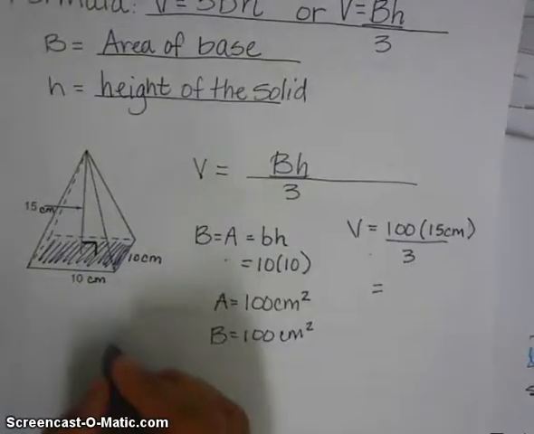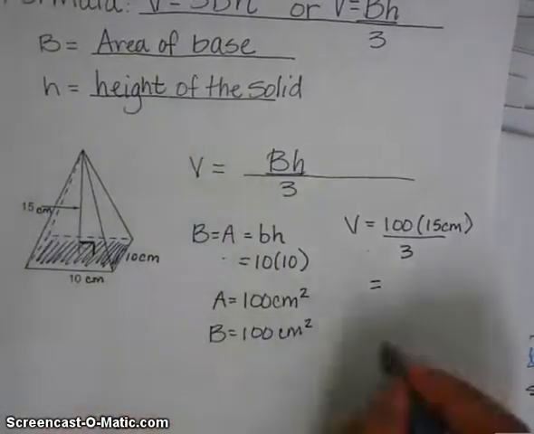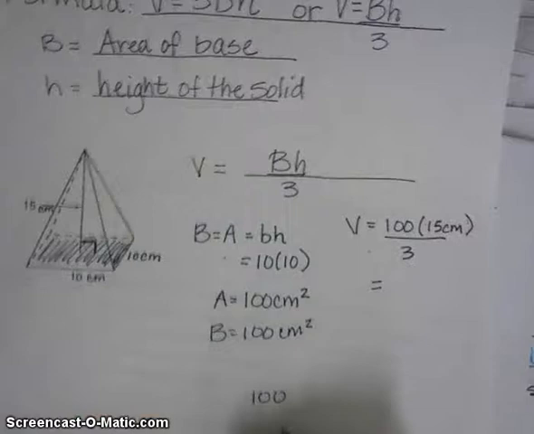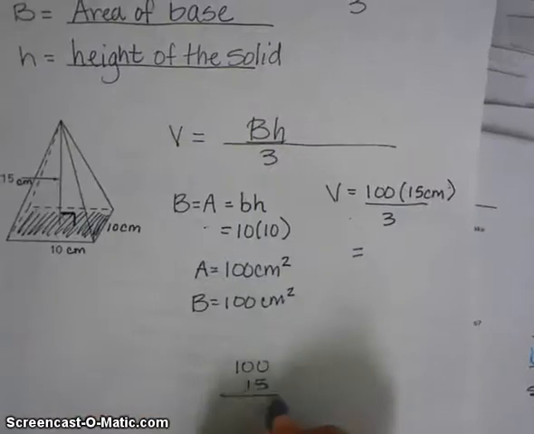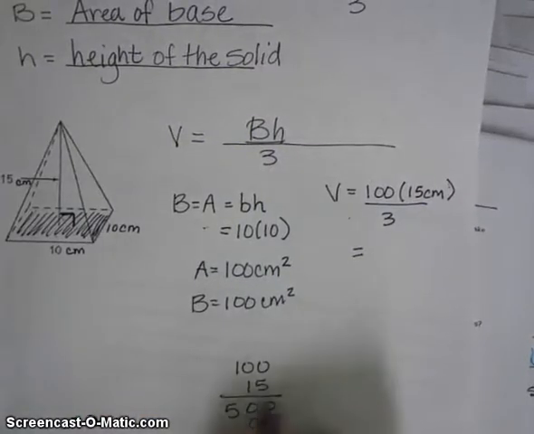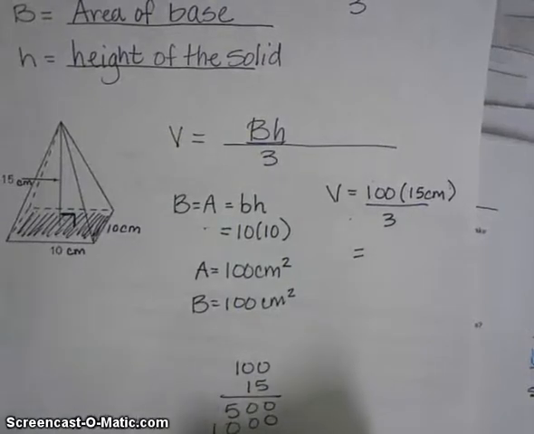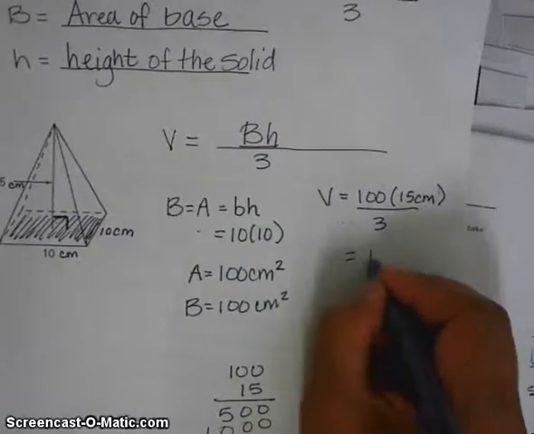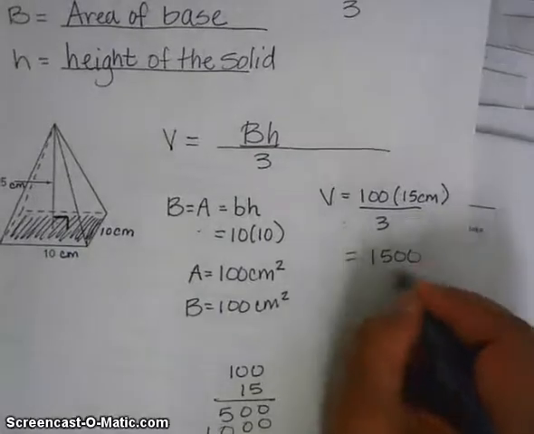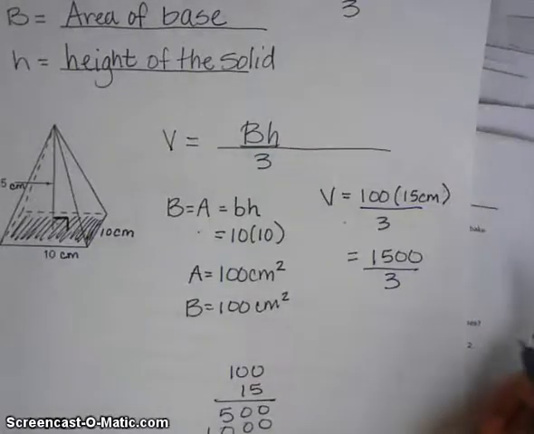Okay, so you should have multiplied 100 times 15. And when I do the math, I'm going to see that my product is 1,500. Now that 1,500 you should have divided by 3.